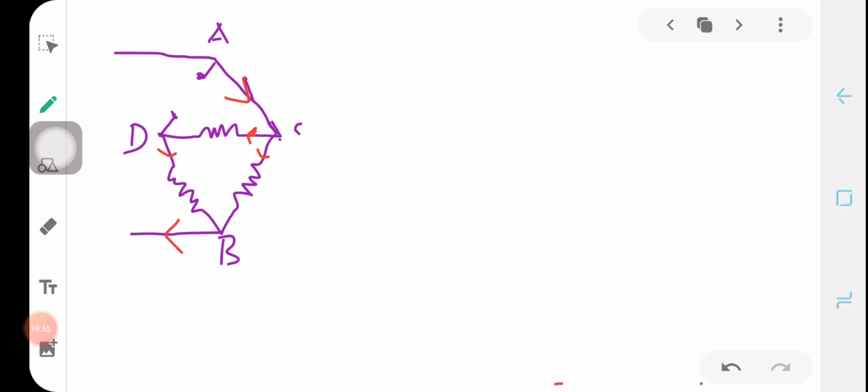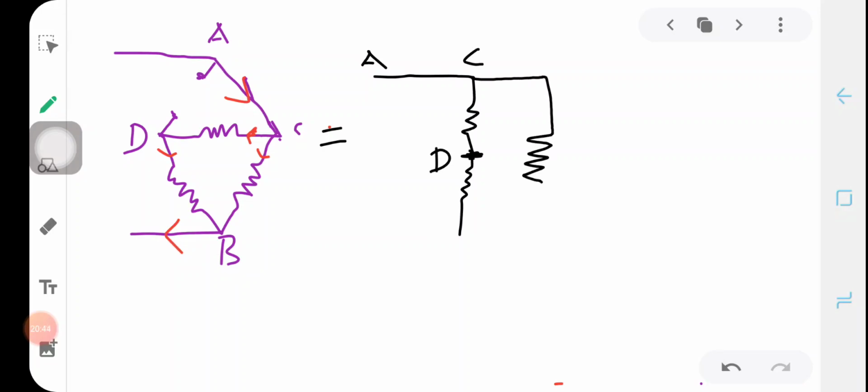Now I am going to redraw this one. We have a short circuit between A and C, with no resistance. This is A, this is C, this is D, and this one is the node B. Here it is 2, here it is 2, here it is 2.